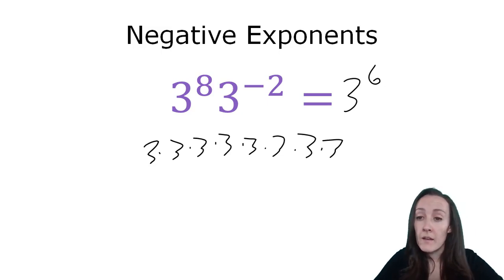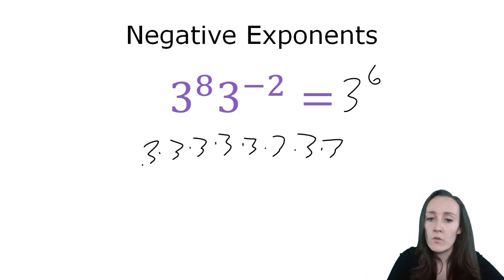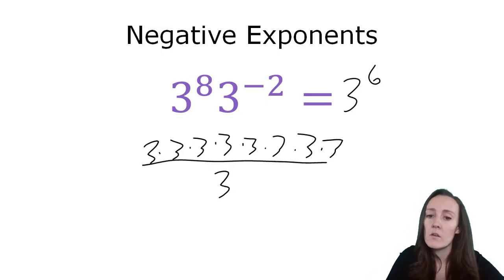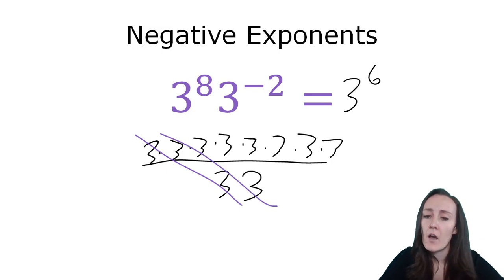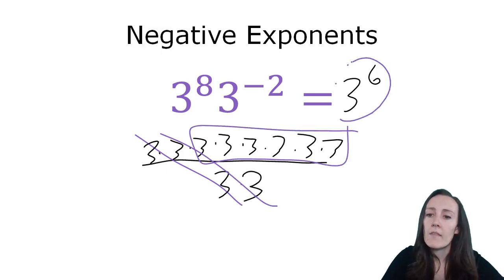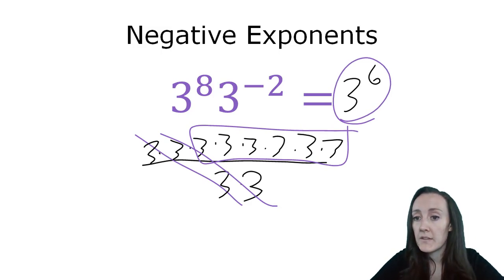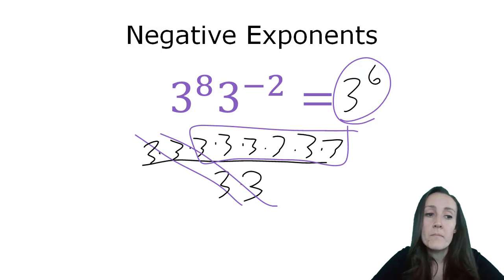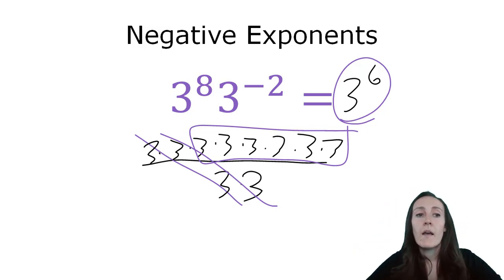And 3 to the negative 2 is the reciprocal of 3 times itself twice, so you would put it on the bottom of the fraction, and you'd multiply it by itself twice. Then you could cancel out the 3's that they have in common, which means you would have 6 3's remaining, and that's why you would get 3 to the 6th, even if you have negative exponents. So that's kind of cool that the product rule applies even when you have negative exponents.